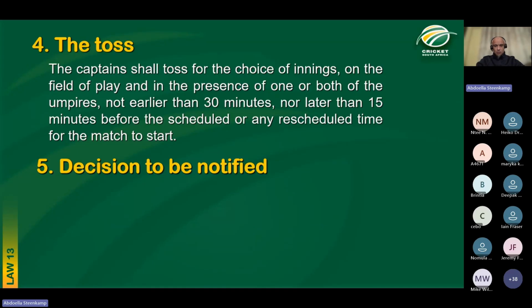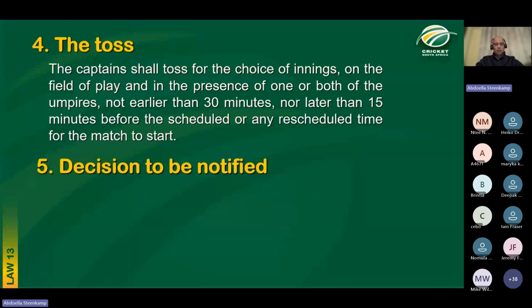Both captains need to be at the toss, and according to the law, at least one umpire, preferably both. But if for whatever reason there's only one available, no issue, the law allows for it, but there needs to be at least one umpire. So now we know who needs to be there: both captains and at least one umpire.